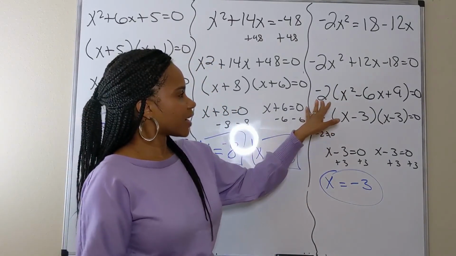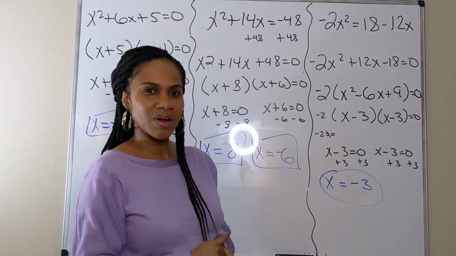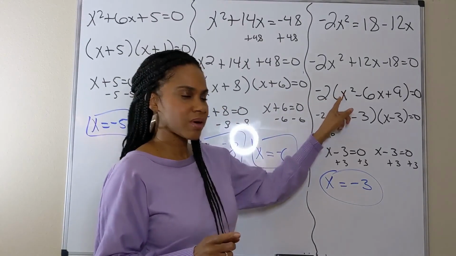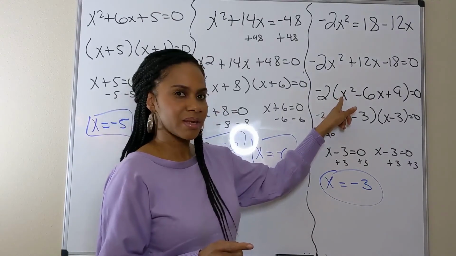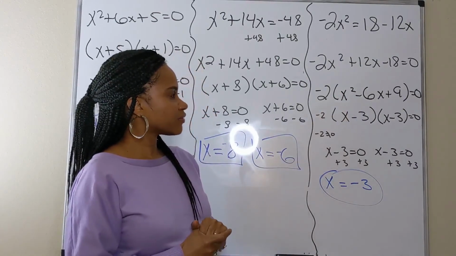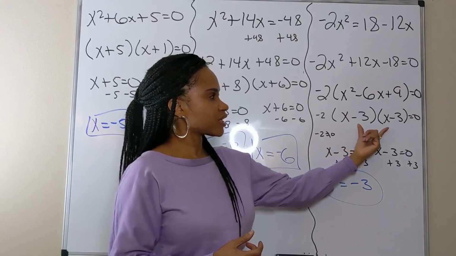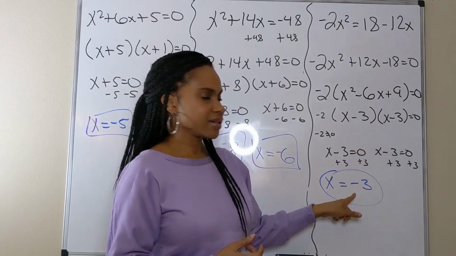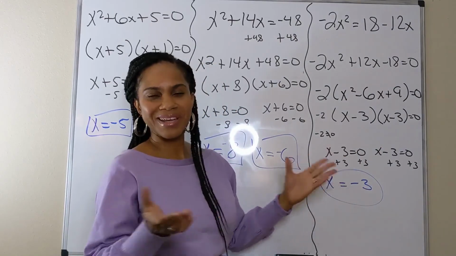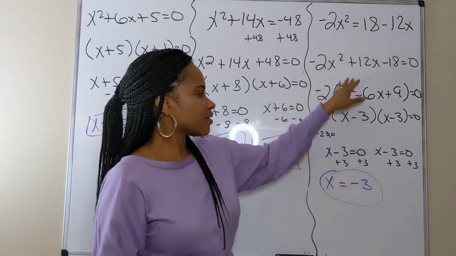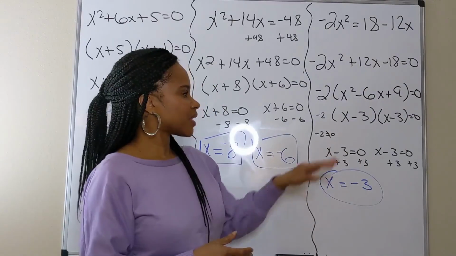I had to factor out a -2, so you can factor out negatives, because I wanted this to be an x squared. So this could not be a negative. So I factored out a -2. My 2 binomials were x minus 3 and x minus 3. And so I actually ended up with 1 solution. So you can get 1 solution, all right? Hopefully you got it correct. If not, go ahead and just pause the video and analyze my work a little bit more.